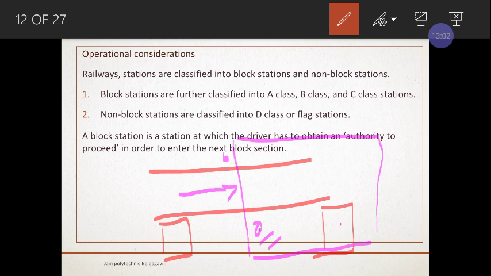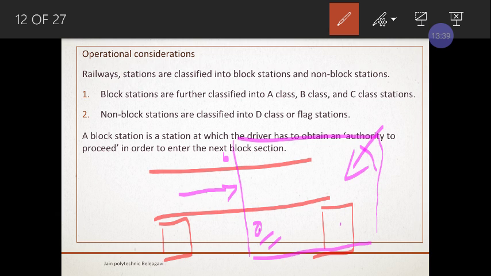The first signal provided at the start of the block is called the warning signal. This warning signal is placed a few meters away from the home, that is, the main block, to tell the driver whether the block is free to move inside or not.